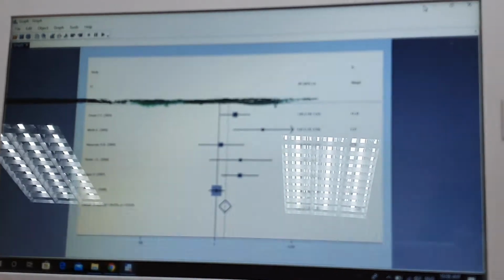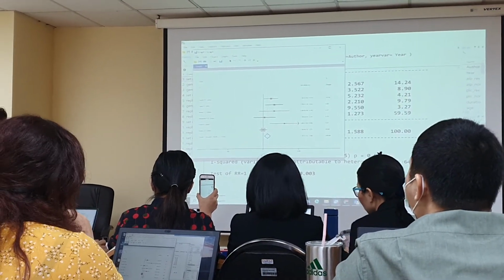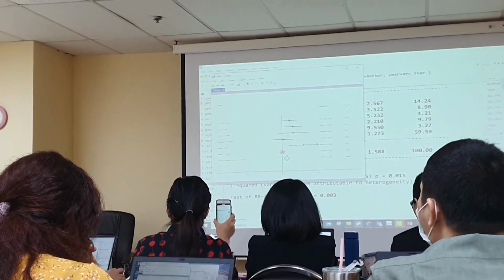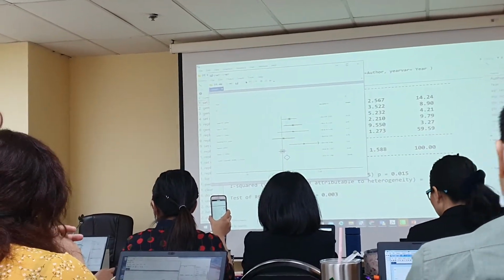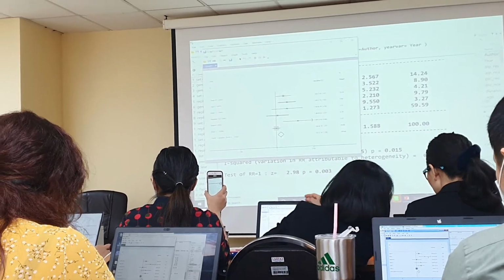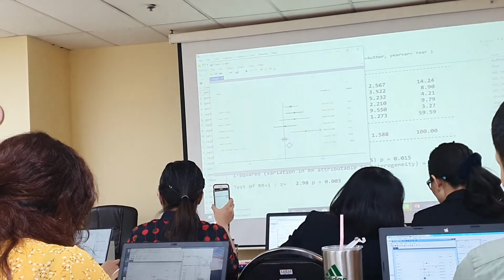Of model, the random effect model or the fixed effect model. The null hypothesis is that the incidence of treatment response in placebo and the incidence of treatment response in alpha blocker are the same. So the ratio equals 1, right?